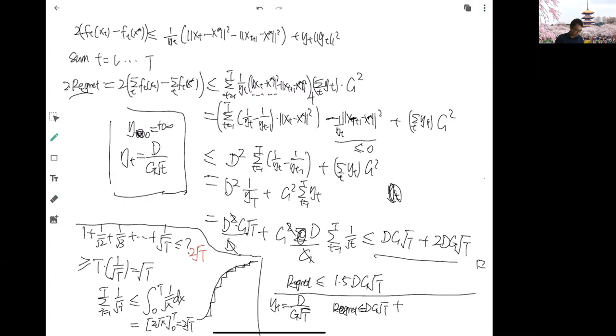So you end up getting simply dg square root of t, which means that you can improve this constant from 1.5 to 1, if you know the capital T ahead of time.